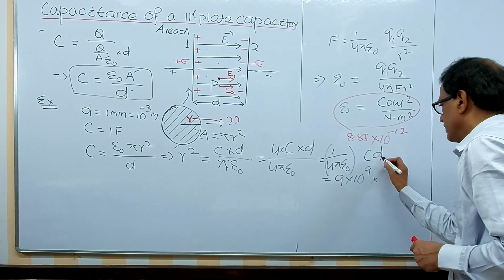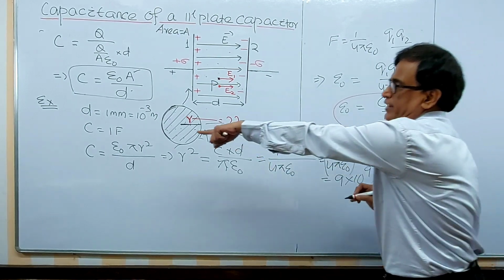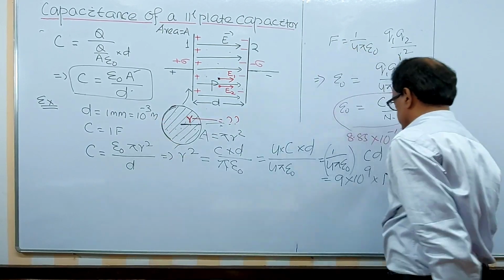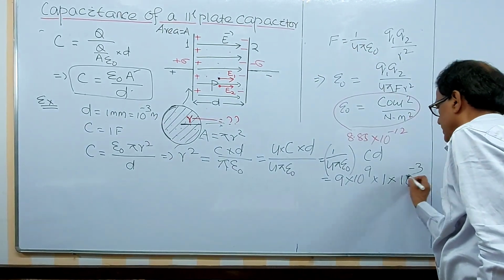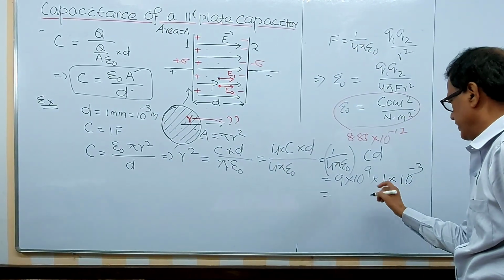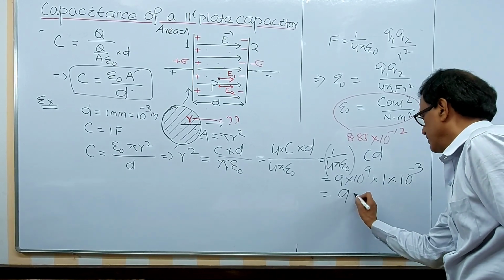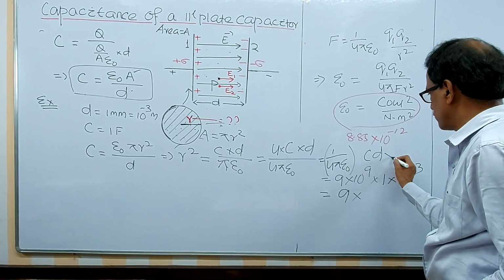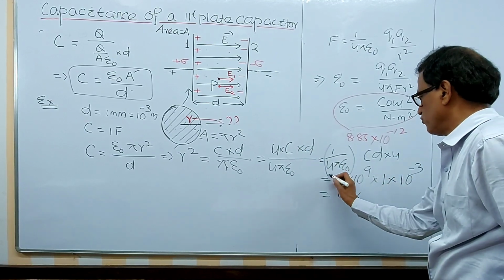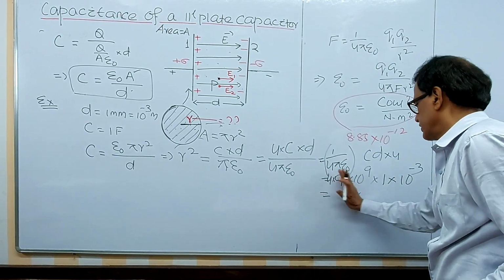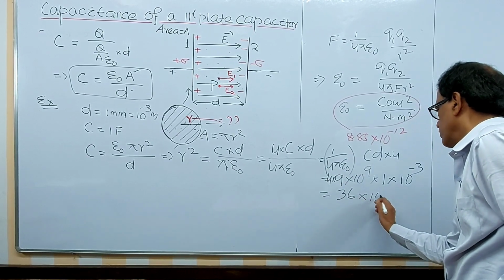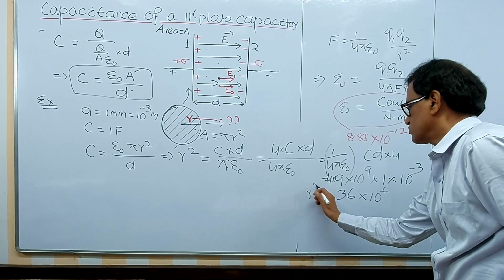So here C is 1 farad into D is 10^-3, and this equals 9 into 4, so into 4. So it will be 36 × 10^6, that is R square.